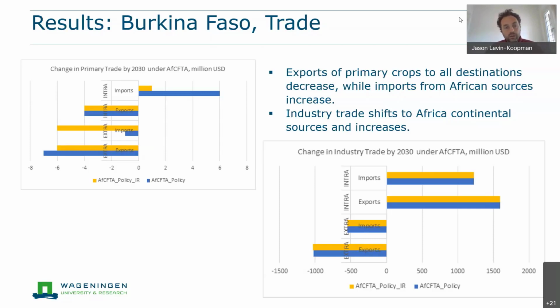So we have a smaller increase in imports of primary agriculture from within Africa, and this further reduces the imports from outside of Africa, and slightly relatively increases the exports outside of Africa as well. And then because this is only focused on an efficiency gain in agriculture, it has no change or very little change in industry trade, which is the same behavior as for Africa in general.